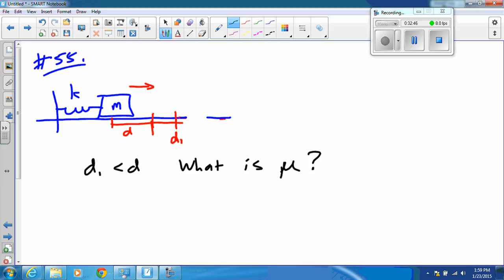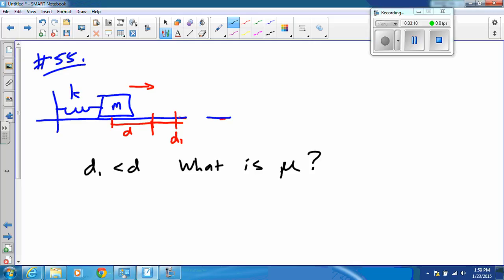What you're expecting is if you compress it 5 centimeters, it ought to go 5 centimeters in the other direction because you're thinking conservation of energy, right? Instead of going 5 centimeters, it goes 2.3, and you're thinking, what happened here? The only possible answer is that something took a lot of that energy away. So the question is, what took that energy away?